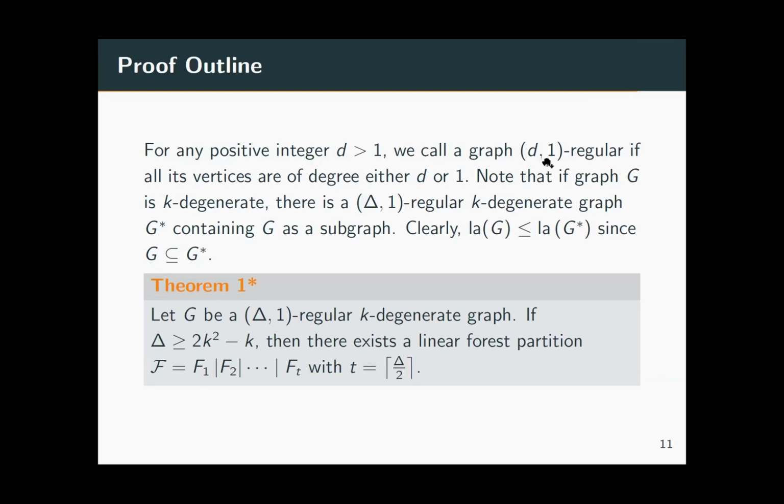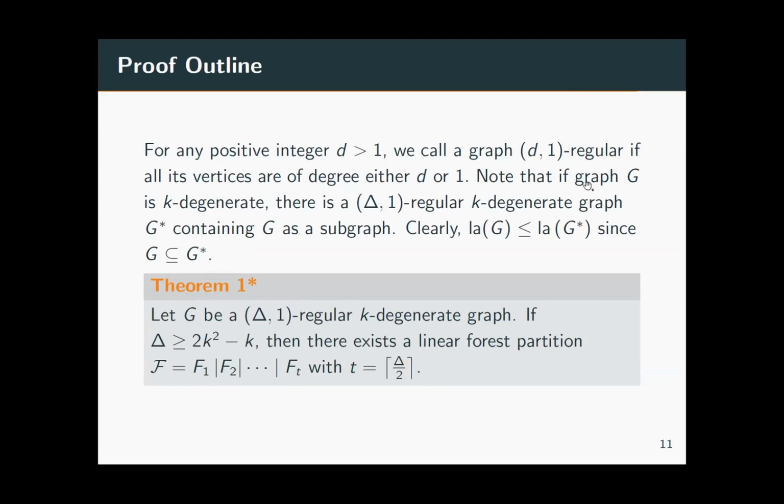We define a graph to be (Δ, 1)-regular if all its vertices are of degree either Δ or 1. We can embed our graph G into a (Δ, 1)-regular graph, Δ being its maximum degree.